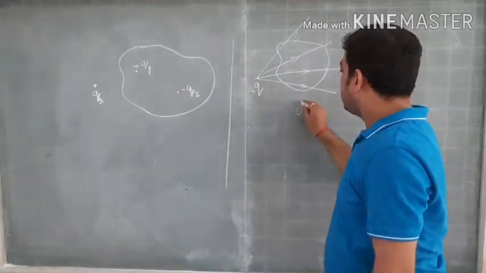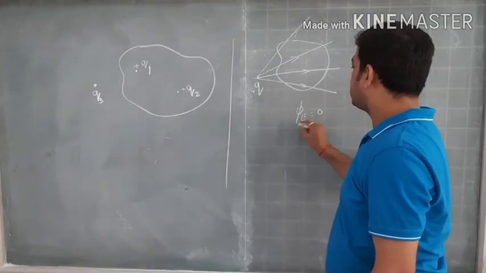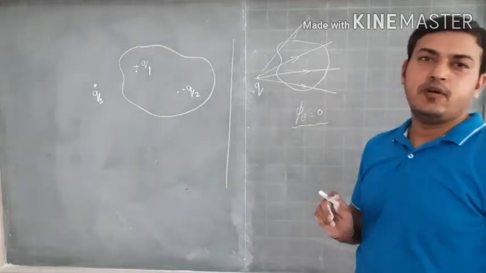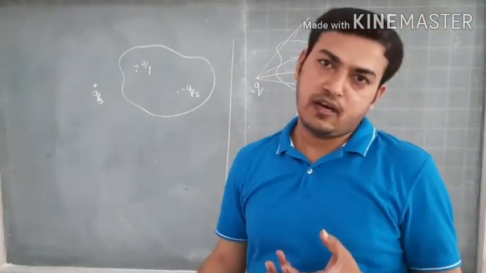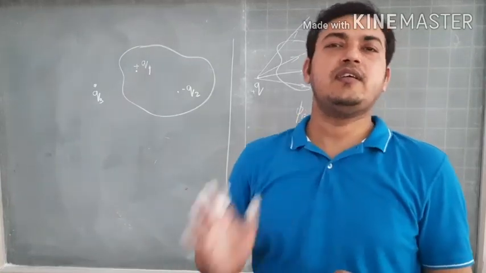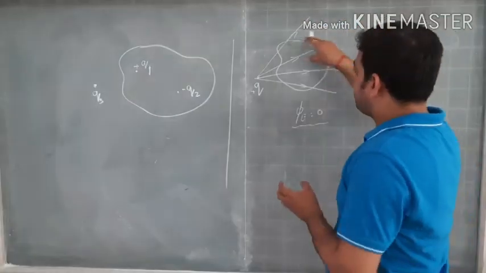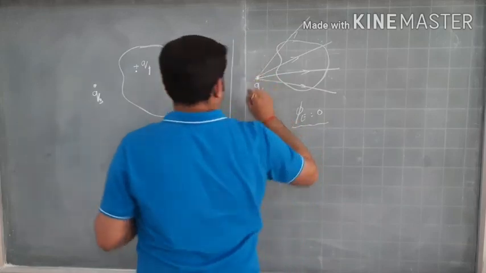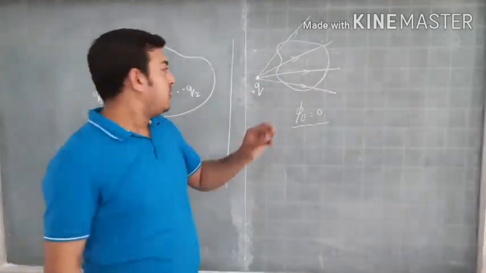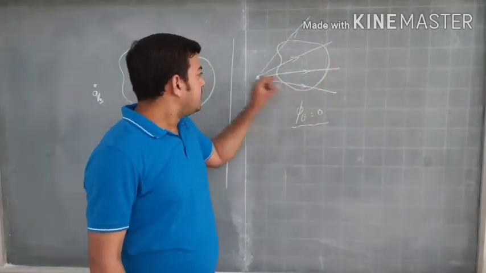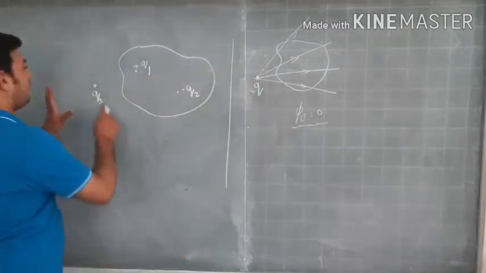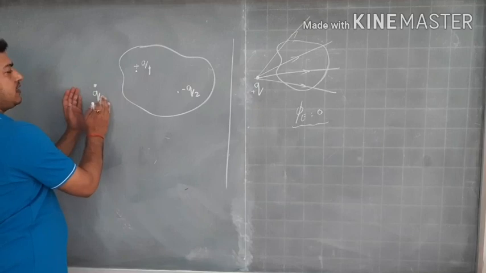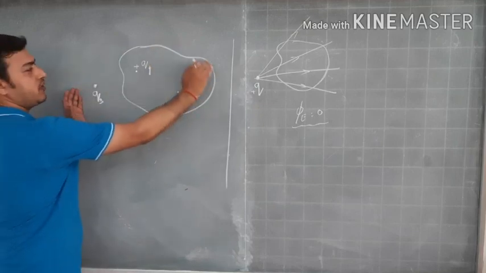In that case the net flux from this body will be 0, since the net flux is not going out or going inside the surface. So if a charge is outside the surface, the net flux from that body due to this charge will always be 0. By this example we can see that the flux associated with this charge will be 0 for this surface.